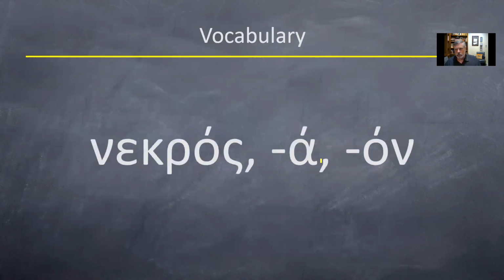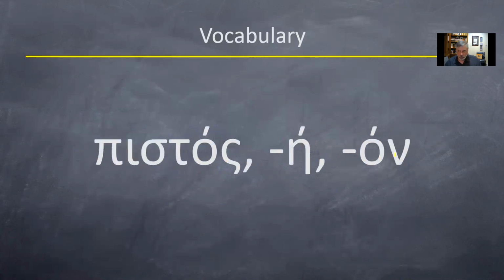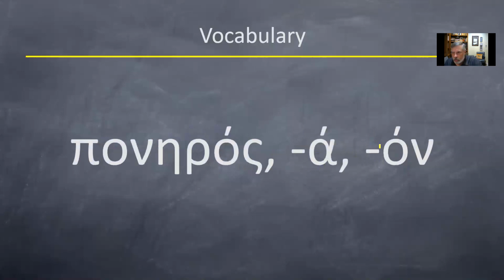Here is nekros as an adjective, nekros, nekra, nekron, masculine, feminine, neuter, and that means dead. Pistos, piste, piston, here's the adjective of pistis. Pistis is the noun for faith or belief. In the adjective, it means faithful or believing, in masculine, feminine, or neuter. And poneros, ponera, poneron.